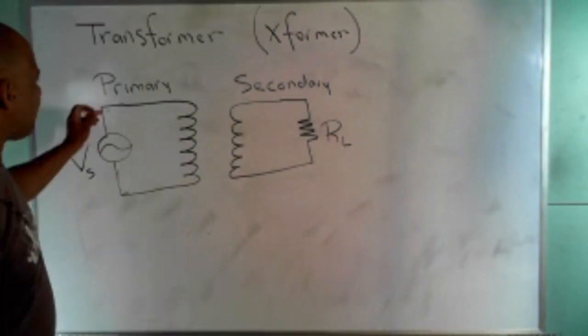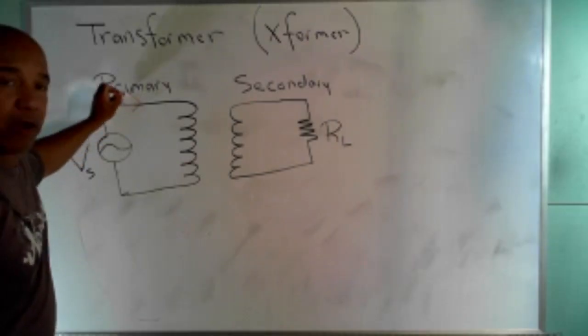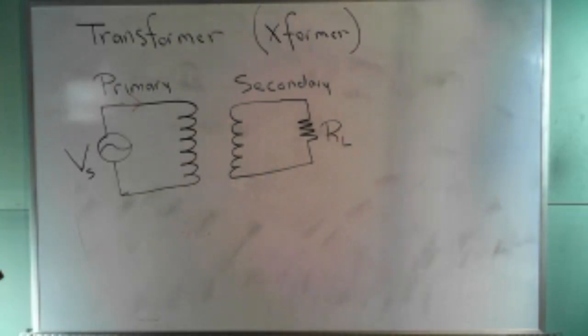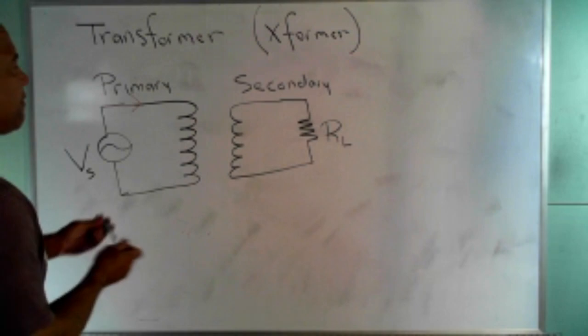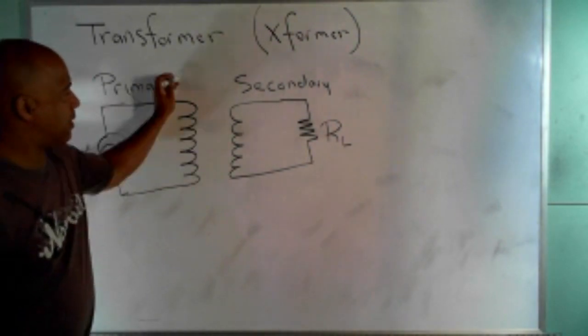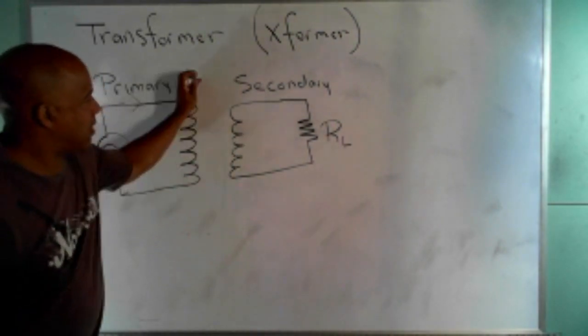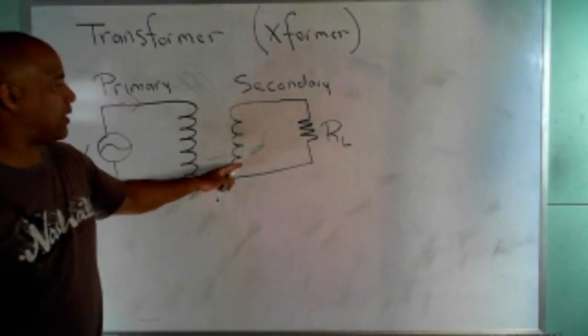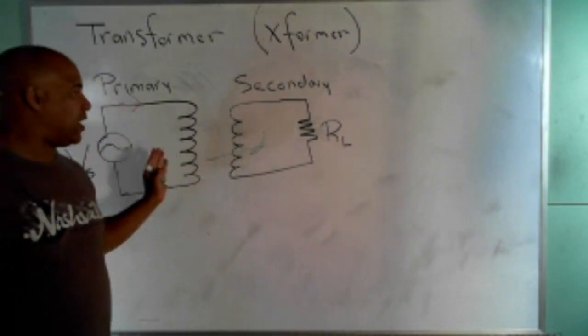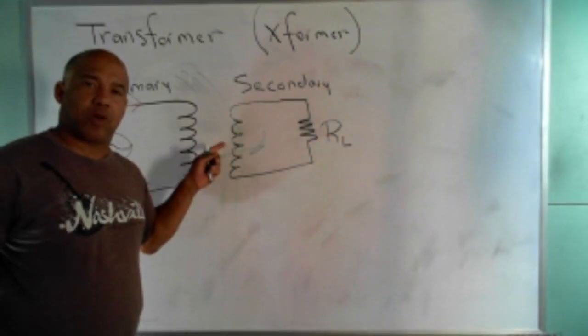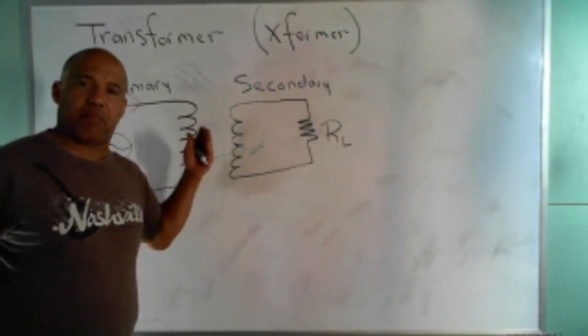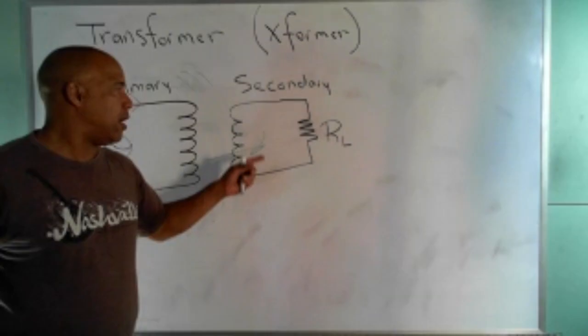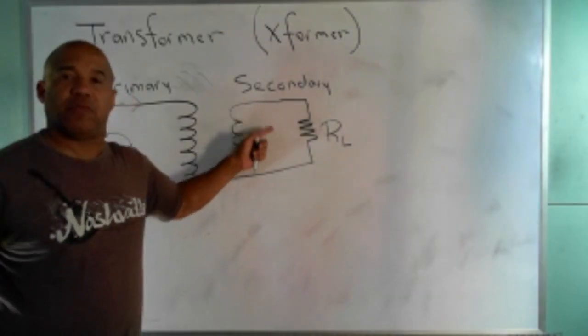As the current flows and varies in this wire right here, it causes magnetic flux to move out this way and cut across, and that's Faraday. If I see the flux cut across the coil, you see Faraday there. I got movement, I got magnetic field. So I'm going to induce a voltage over here.